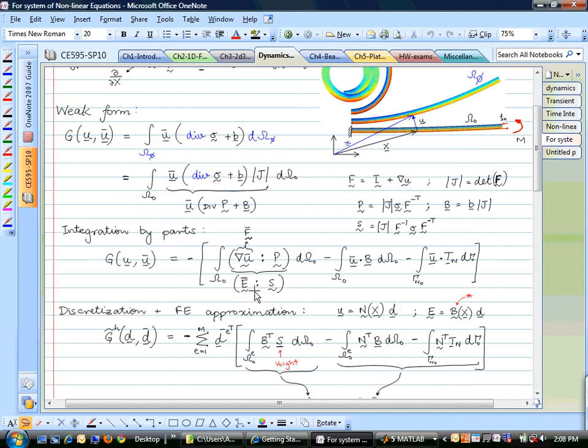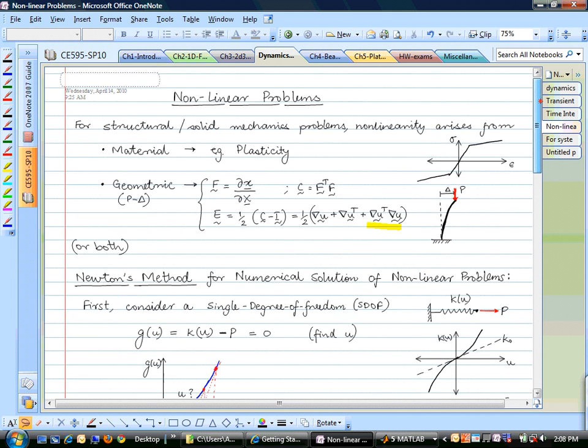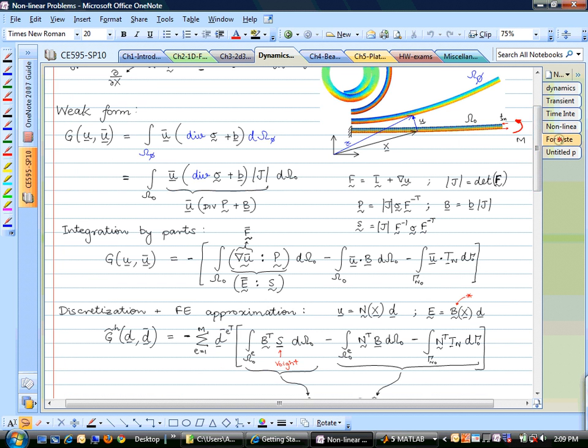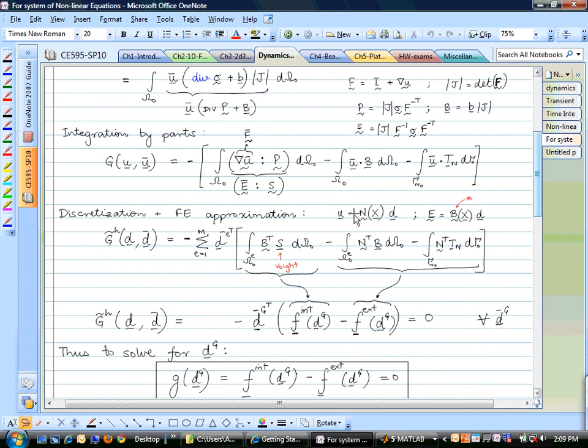This Green strain was nothing but this. If you consider the full strain, then what you get is the Green strain, times the second Piola-Kirchhoff stress. So this thing is exactly equal to this. And this is basically your weak form for large deformation problems.